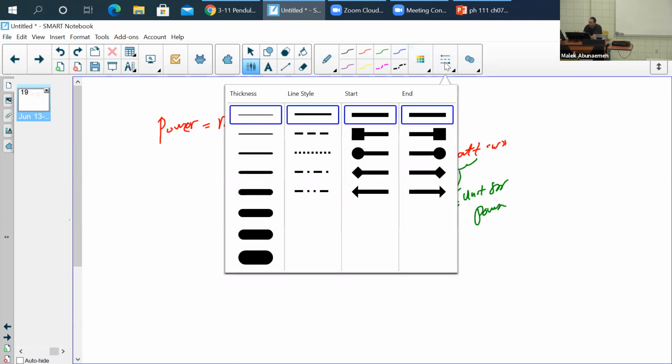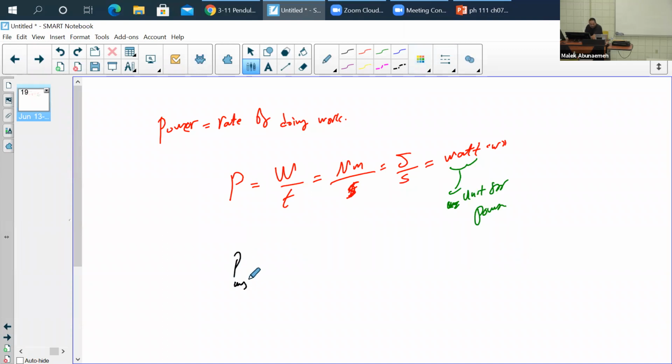Now, your average power is how much work over delta t. Or you can say that instantaneous power is dW over dt. Which again, we solved this.